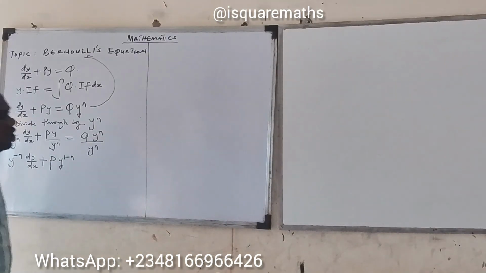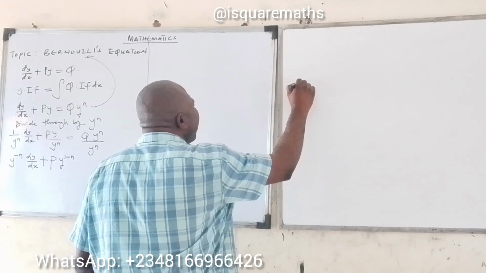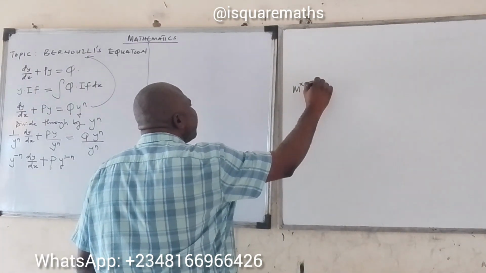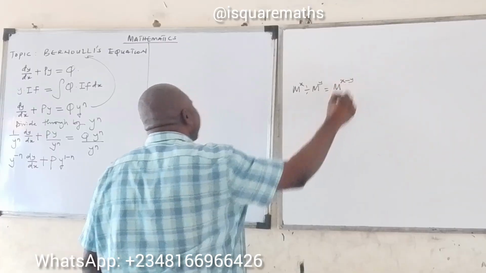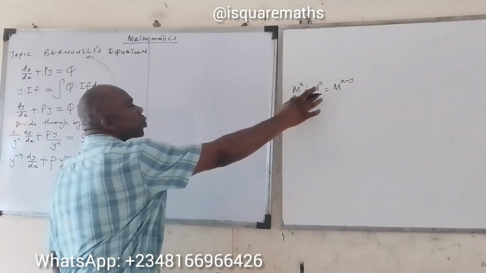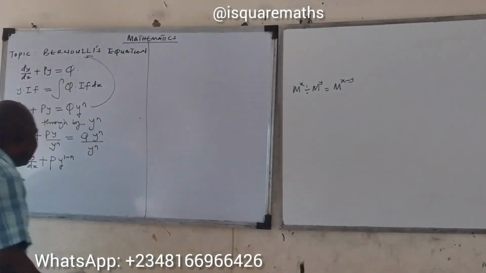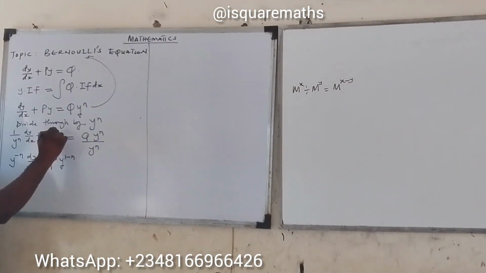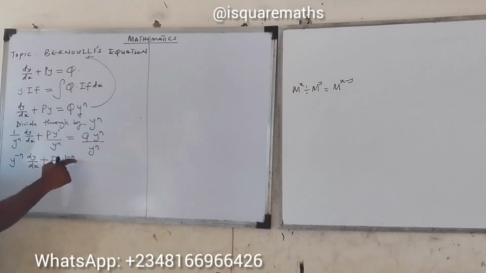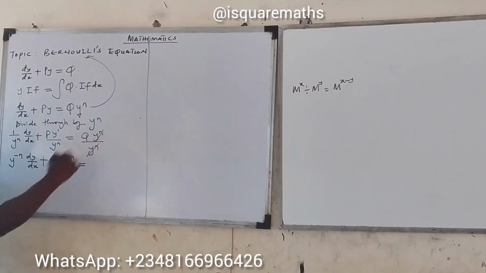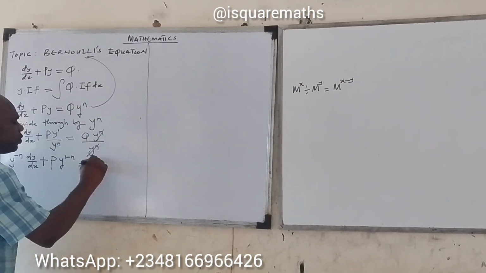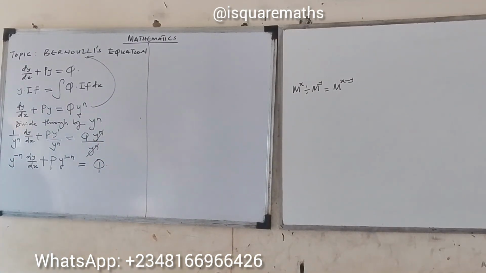Remember in indices, we said m^x divided by m^y is m raised to the power of x minus y, because the bases here are equal, so we are subtracting the powers. Now this y here is the same thing as y raised to the power of 1. So we have y to the power 1 minus n. Now it's equal to, those y^n will go with y^n, and we will be left with q.